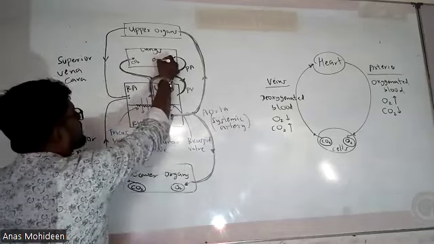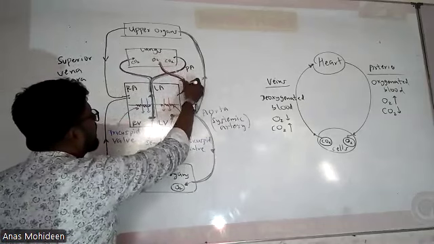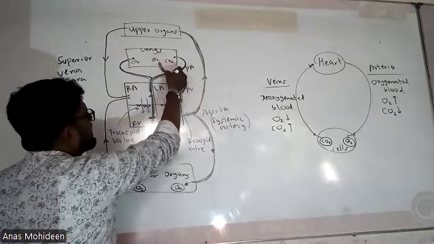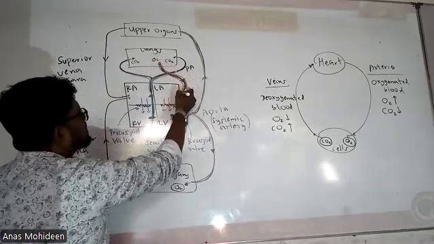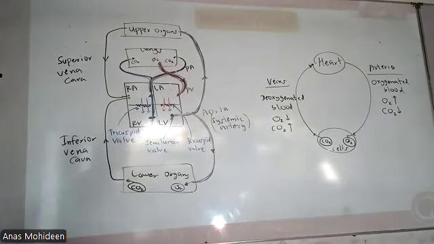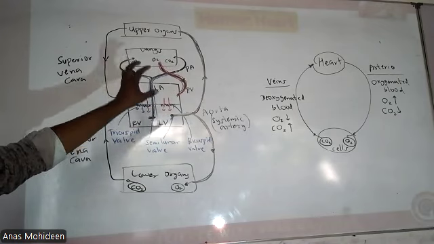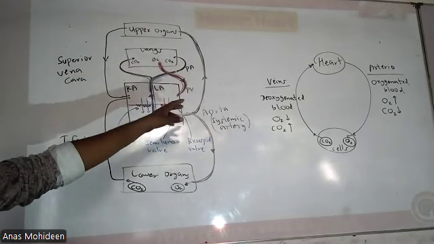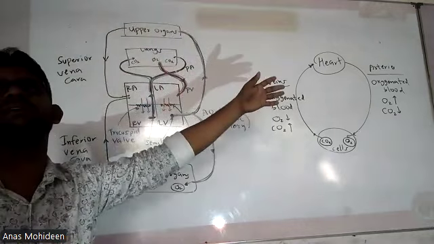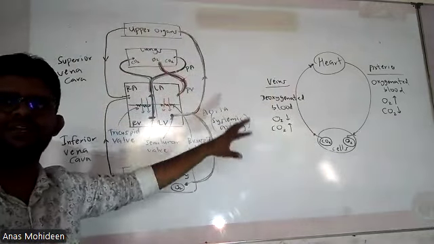Why? It comes from the lungs, so it is providing oxygenated blood towards the heart. You understand that? So that is the only point where it is changing. All other places, arteries carry oxygenated blood, veins carry deoxygenated blood.